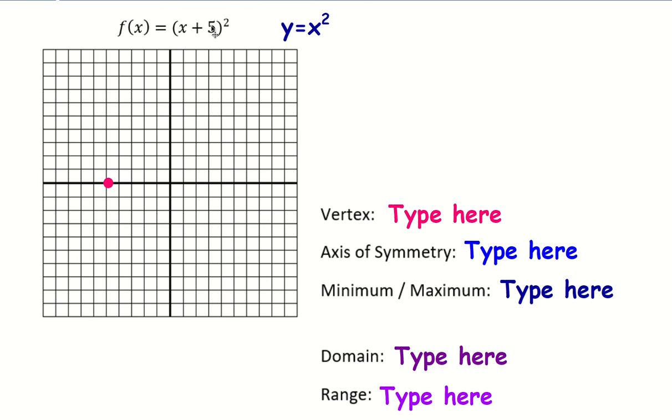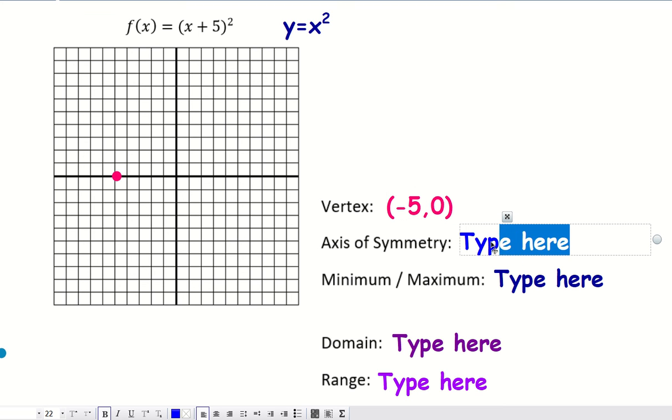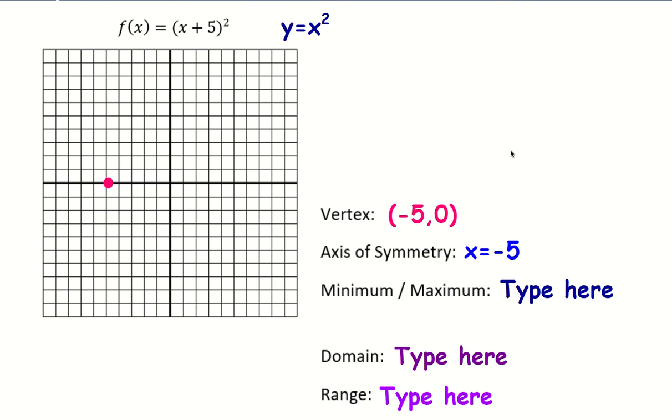And my k value is technically plus 0. So my vertex here is negative 5, 0, which automatically makes my axis of symmetry x equals negative 5.